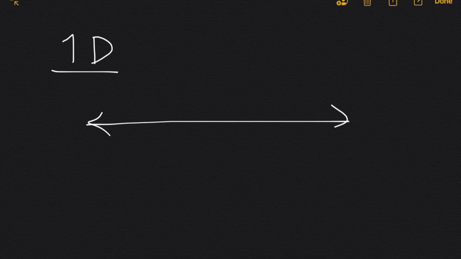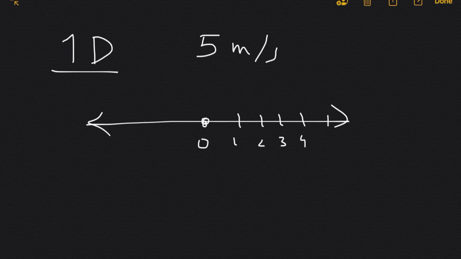All right, let's talk about direction, though, a bit. So in one dimension, when we talked about 1D, motion was constrained to be on a single line. So let's say you have a velocity of 5 meters per second. If this is your number line, 0, 1, 2, 3, 4, 5, then the vector is just this arrow that goes from 0 to 5.